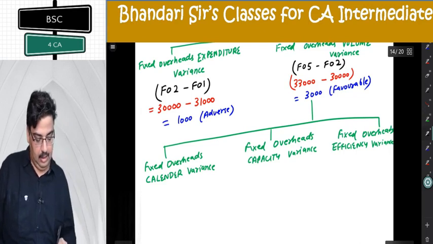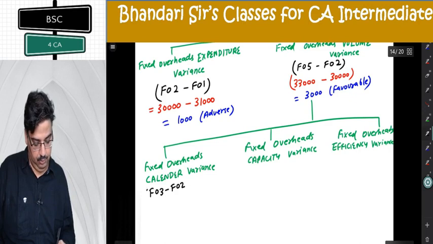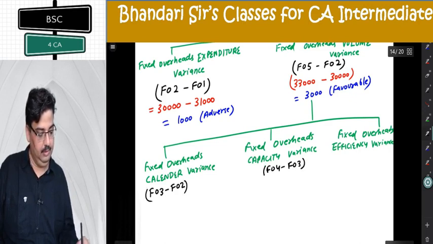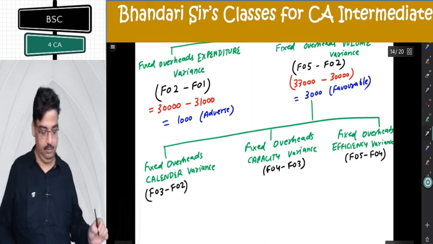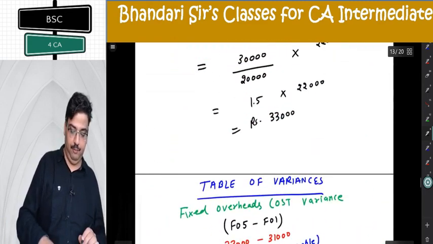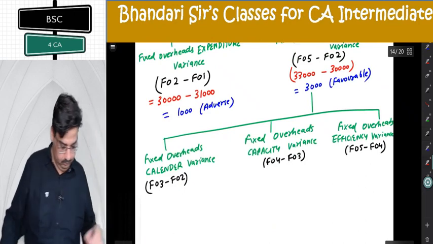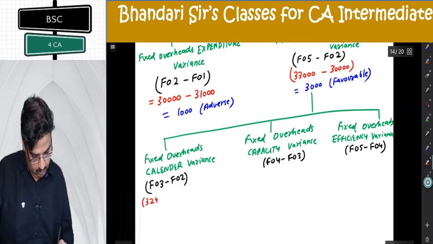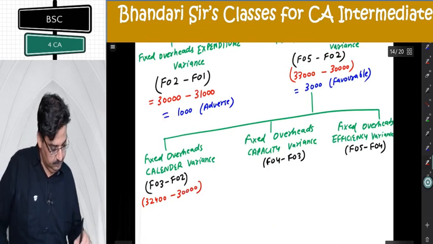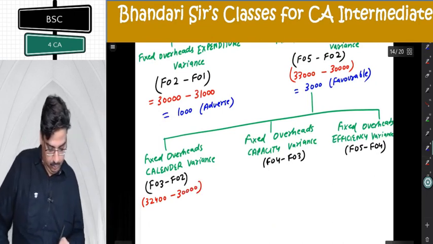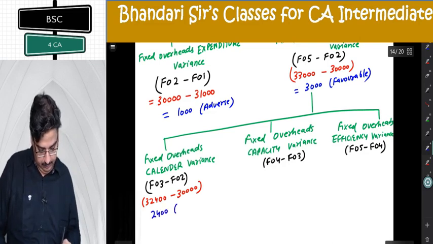The formulas for that: FO3 minus FO2, 4 minus 3, 5 minus 4. What was FO3? 32,400. 32,400 minus 30,000. This comes out to 2,400 favorable.